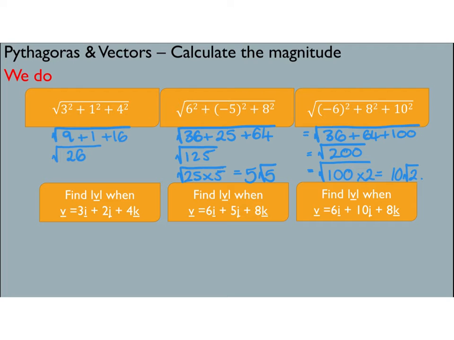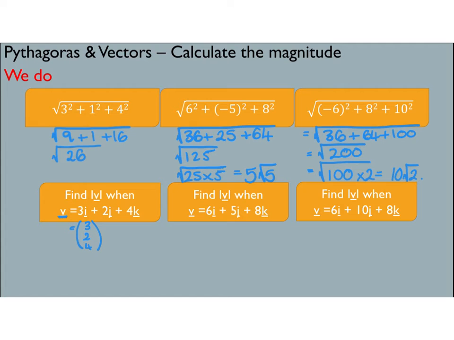Right, last one here. I've written my vectors in a slightly different way this time. Vector v here, it's been written out, and just turn it back into a way that we would normally write it. 3i means 3 at the top, 2j, 2 in the middle, 4k, 4 at the end.